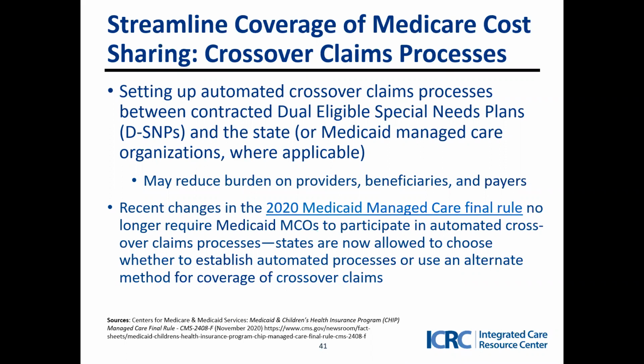However, for the reasons noted on the slide, automatic crossover claims processes can be particularly beneficial when a state is simultaneously working with DSNPs and Medicaid managed care plans to cover care for dually eligible individuals. Next slide, please.